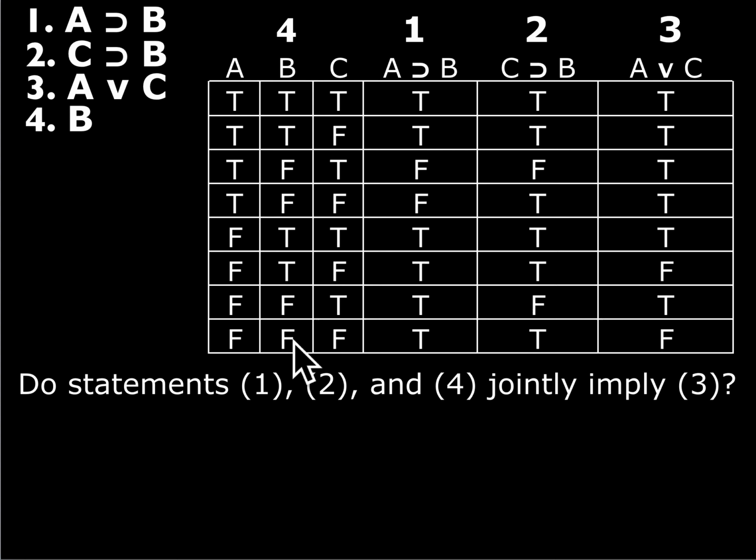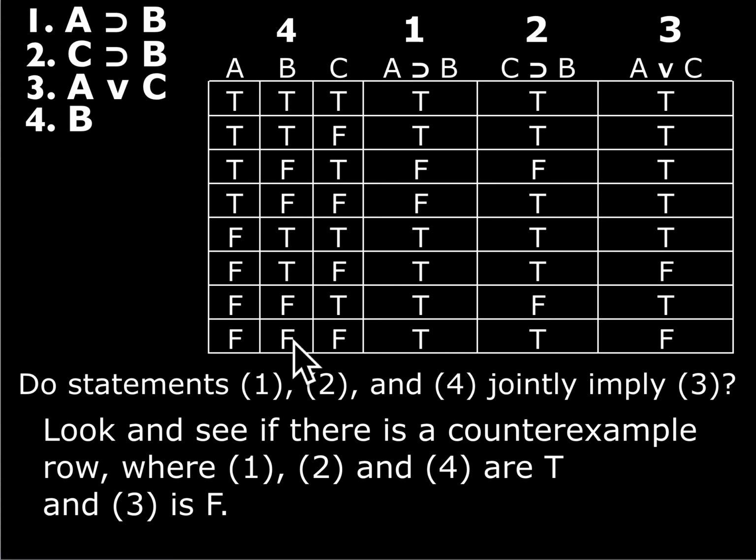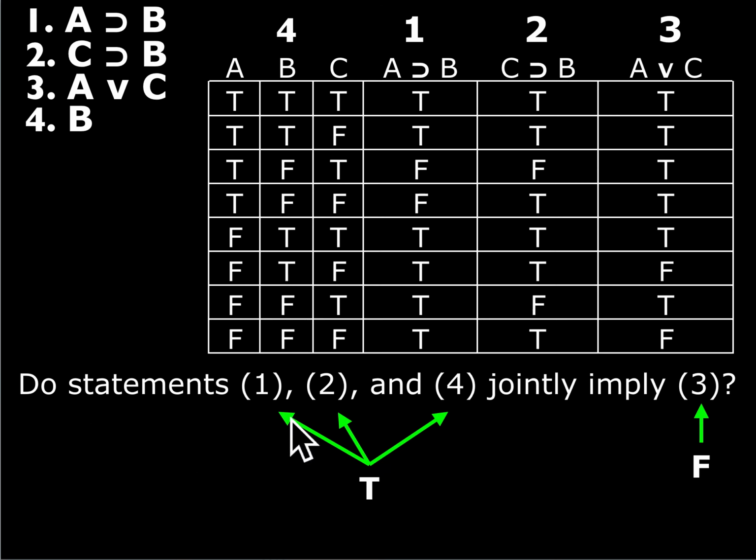Let's ask a different question. Do 1, 2, and 4 jointly imply 3? Still, we're going to look for a counterexample row, where this time the counterexample row would be where 1, 2, and 4 are true, but 3 is false.